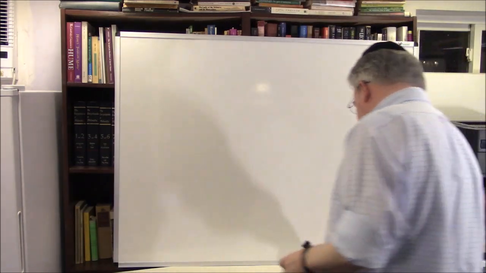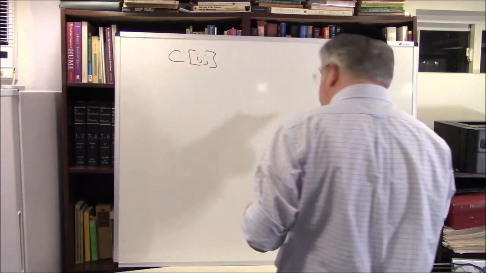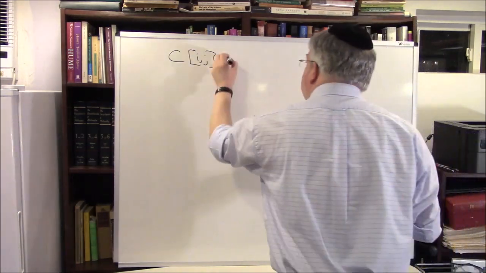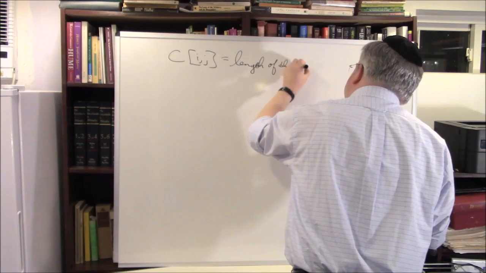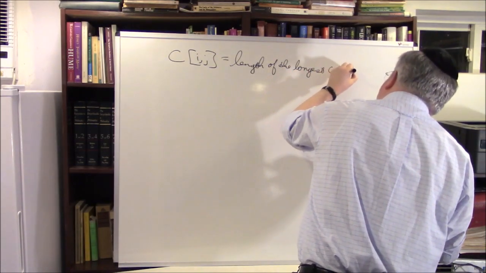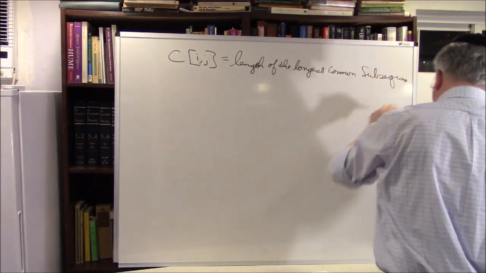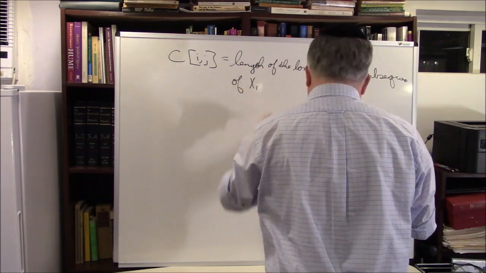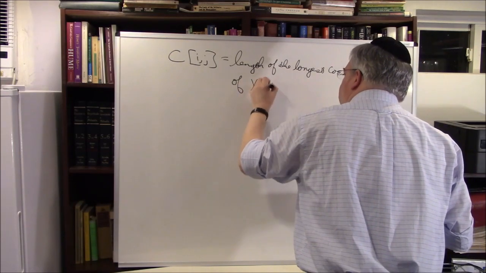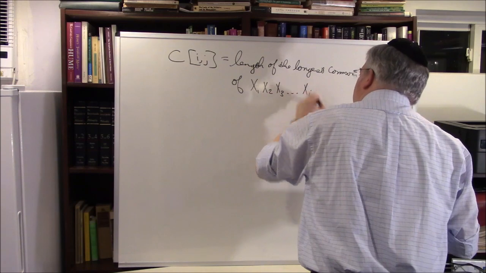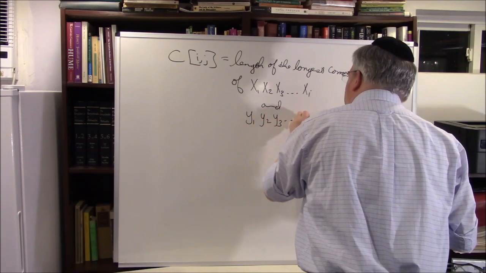The matrix we're going to set up is C[i,j], a two-dimensional matrix, such that C[i,j] is equal to the length of the longest common subsequence of x_1, x_2, x_3 through x_i and y_1, y_2, y_3 through y_j.